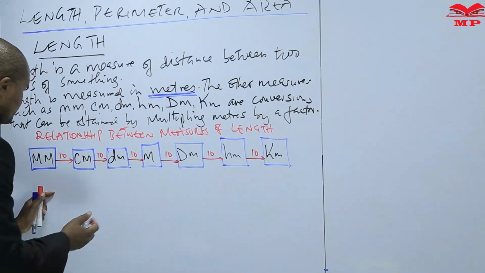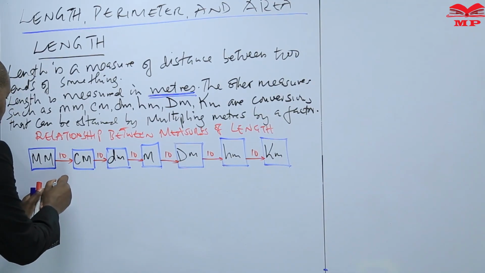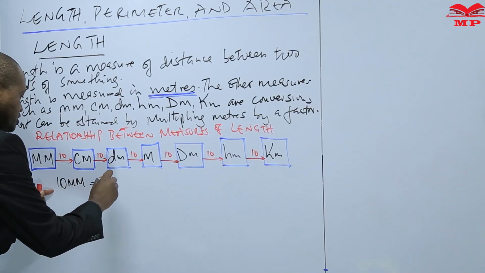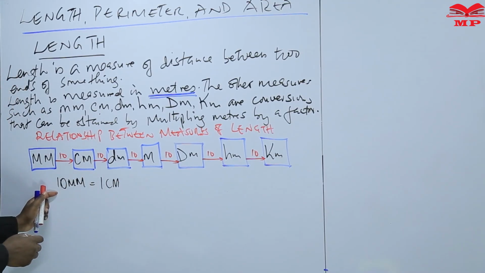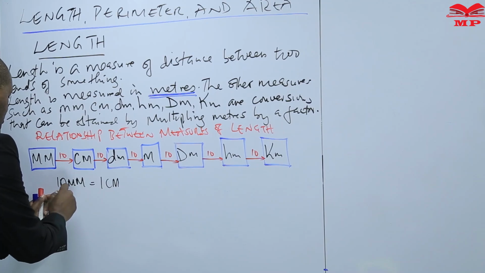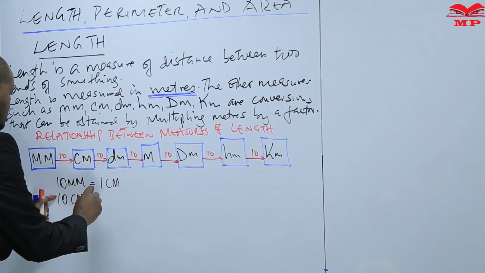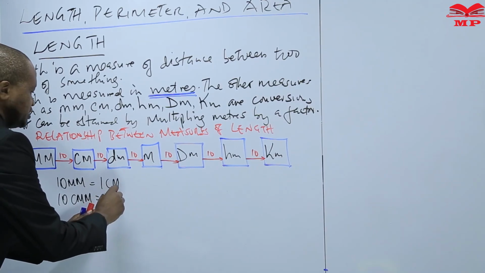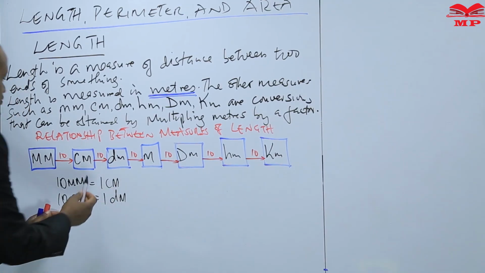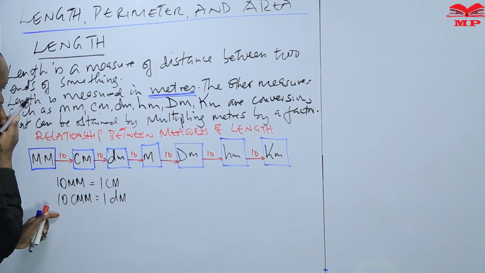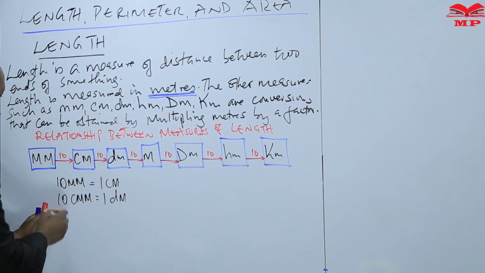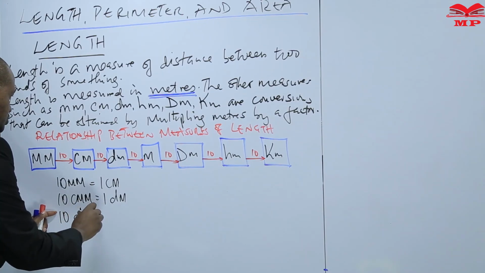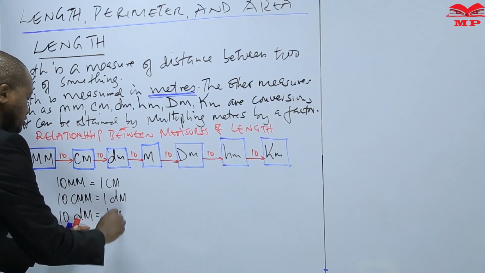We have learned so far that 10 millimeters is equal to 1 centimeter. 10 centimeters is equal to 1 decimeter, and 10 decimeters is equal to 1 meter.